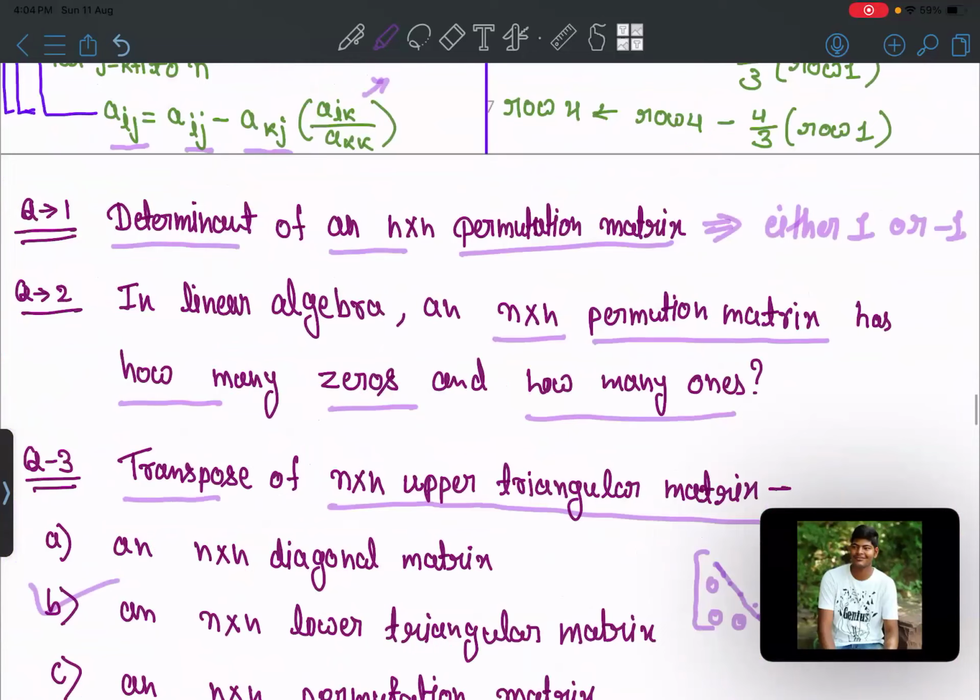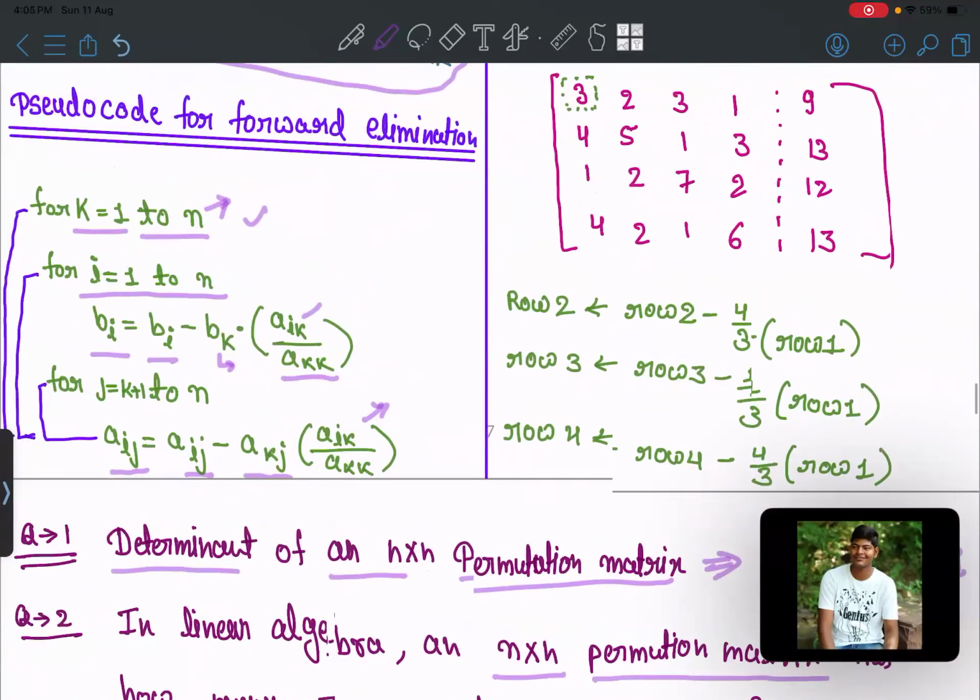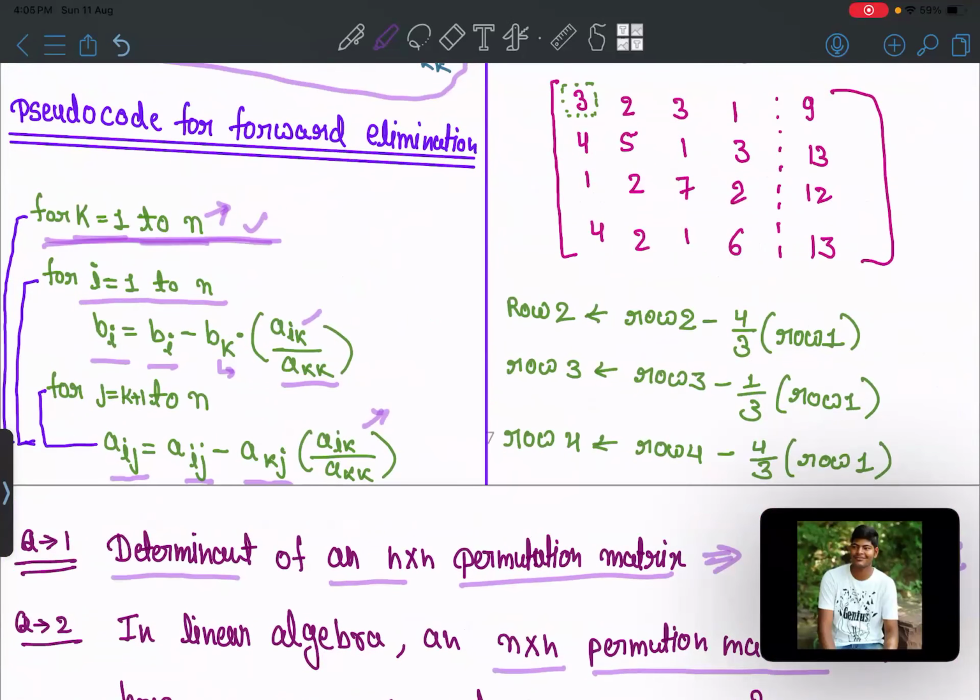For each pivot element, we go through each row, meaning each equation, and replace bi with bi minus bk, where k is the pivot element row, multiplied by the factor aik divided by akk, the pivot element.